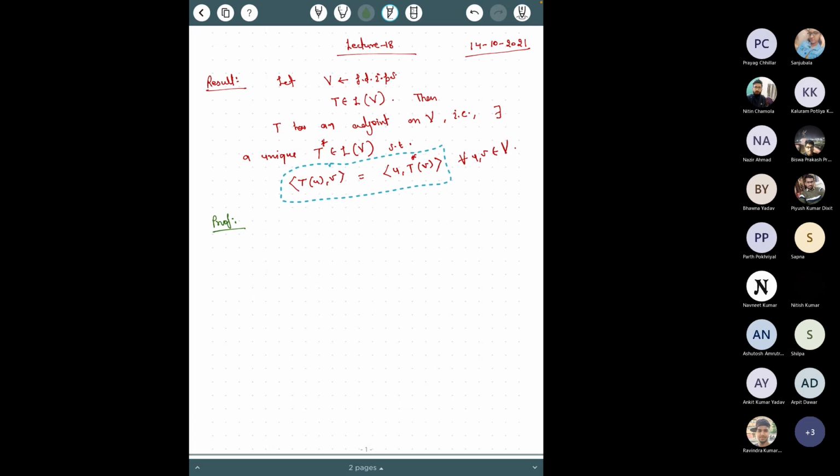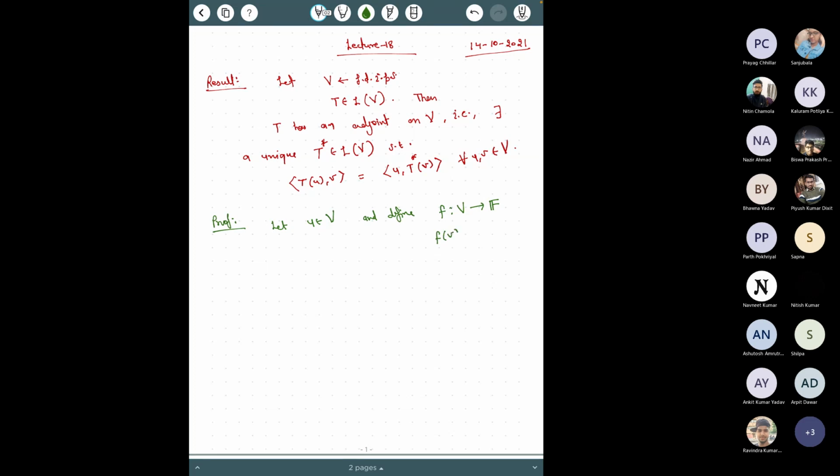Let us see this first. We want to define T star, right? So if I take any vector, let's say u in V, then based on this vector u, I'll define a functional f on V. How would I define it?